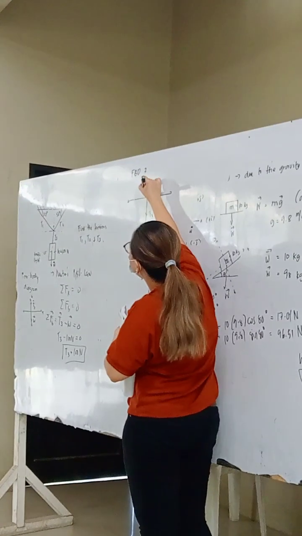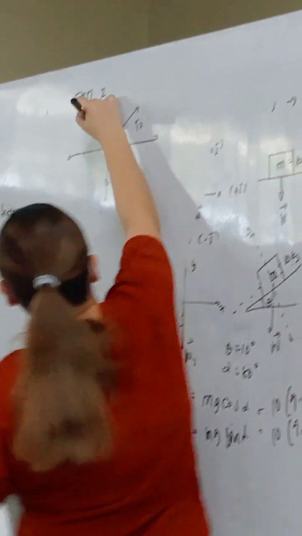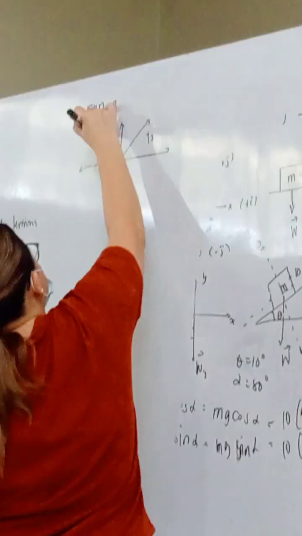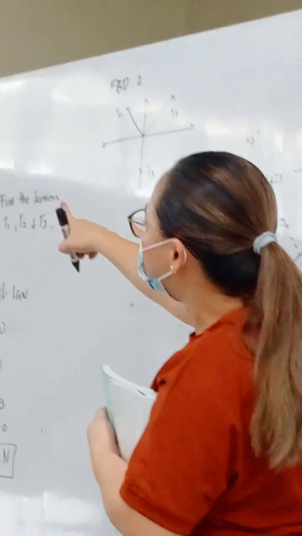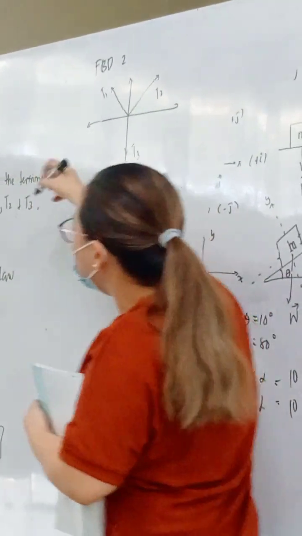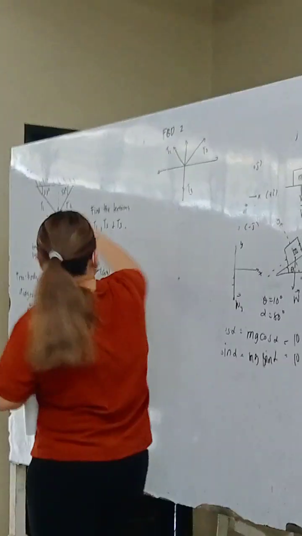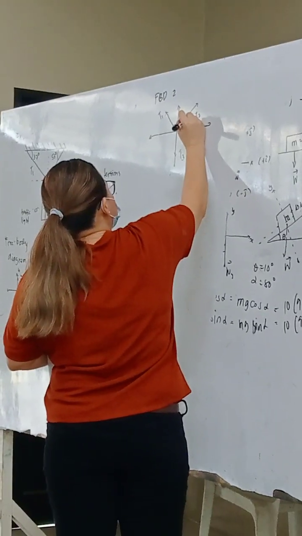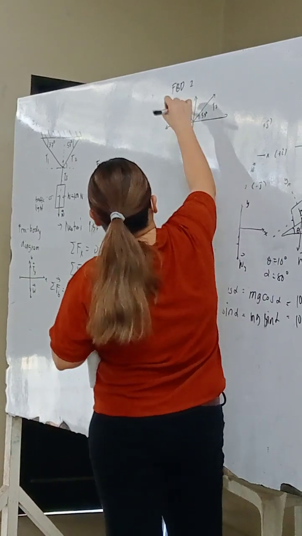While T2 is in the first quadrant, T1 is in the second quadrant. We are given angles of 37 and 53 degrees. The 53 degrees is the angle from T2 to the positive x-axis, and the 37 degrees is the angle from T1 to the negative x-axis.